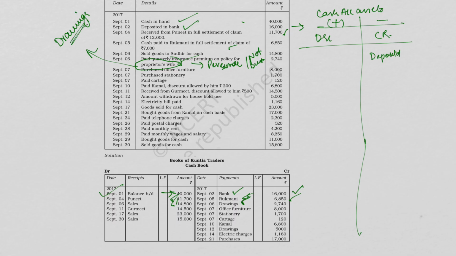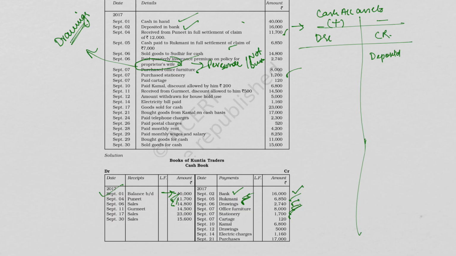So we will write drawings 2740. Then purchased office furniture, the cash is reducing, so 8,000 rupees office furniture to debit. Purchase stationery, stationery is an expense, debit, cash credit, so 1,700 we'll write here. Paid cartage, a similar expense. Paid Kamal, discount allowed by him, rupees 200.